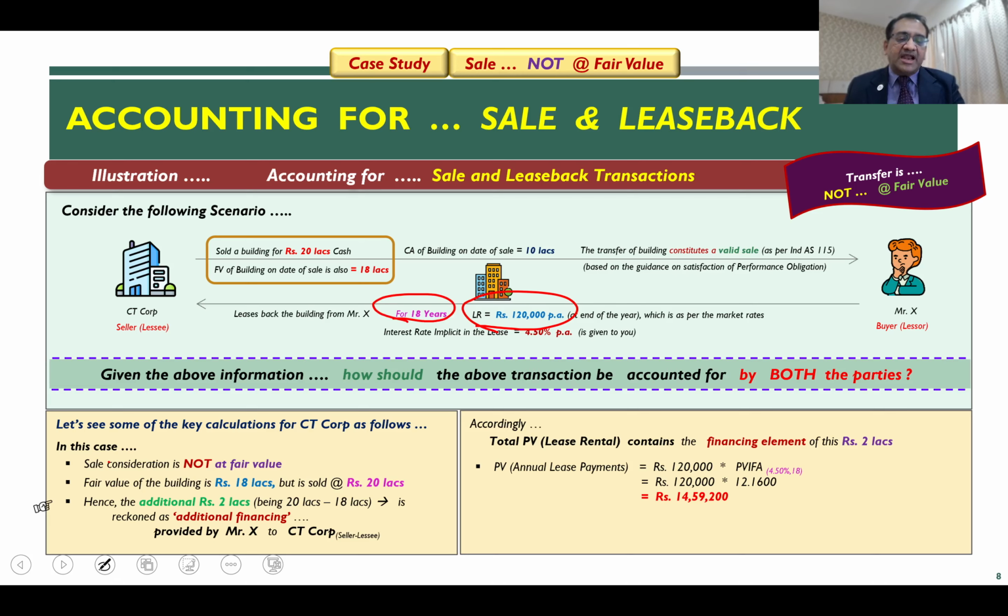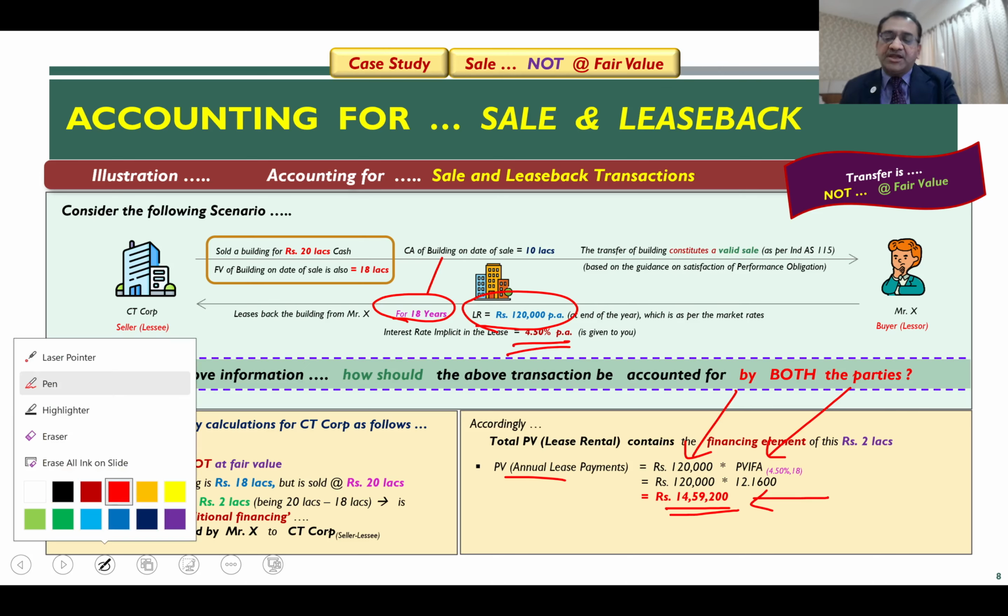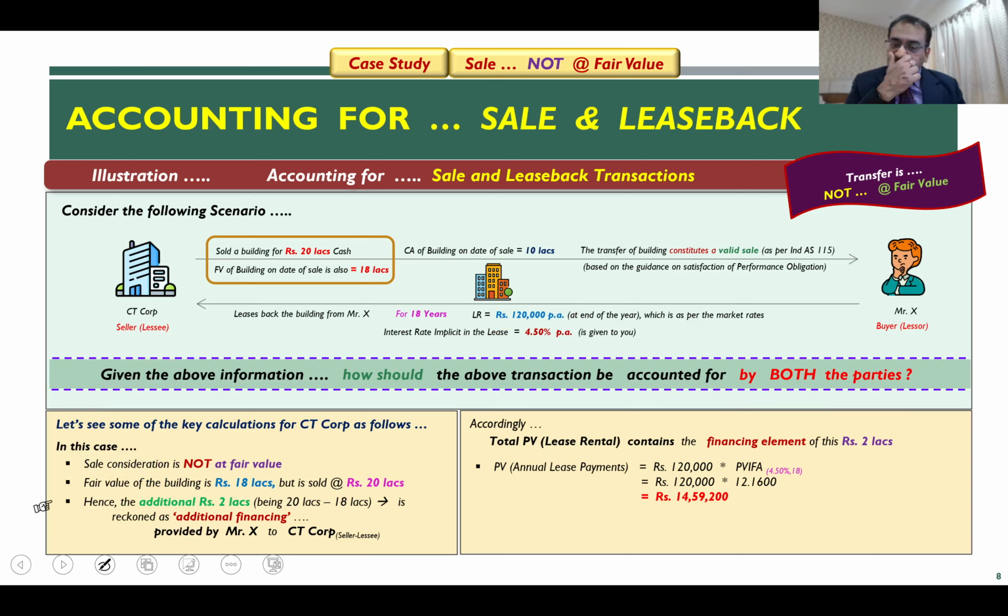As we saw in the earlier video also, the present value of the annual lease payments over this 18-year period is 14,59,200, representing 1,20,000, which is the annual lease rental, multiplied by the present value interest factor for an annuity, because the amount is the same, at a discount rate of 4.5%. Now, the difference between this case study and the previous case study is on account of this additional funding of 2 lakh rupees.